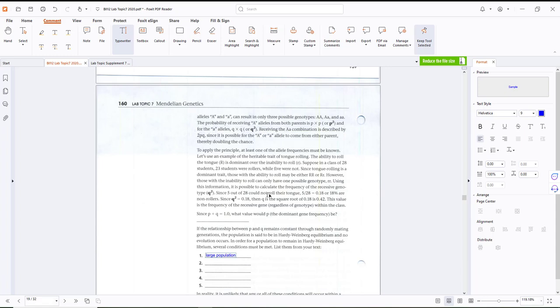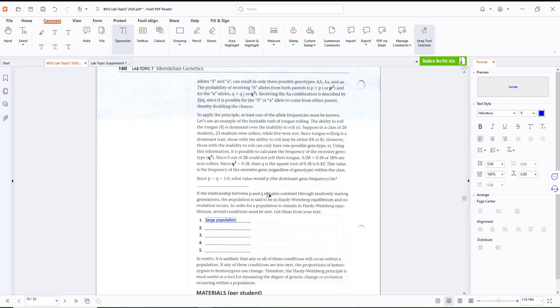So we have to have a very large population in order to make sure that we have enough random mating for this Hardy-Weinberg equilibrium to be met. It's not going to work if we are dealing with a small population.